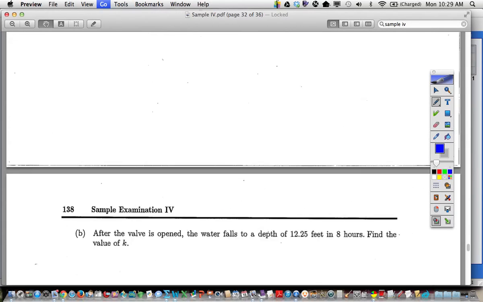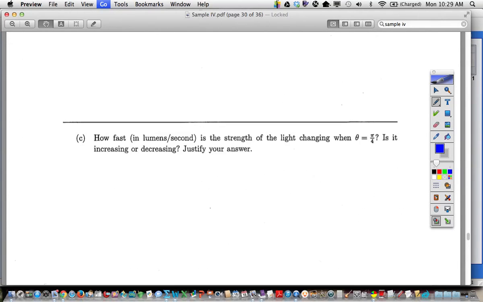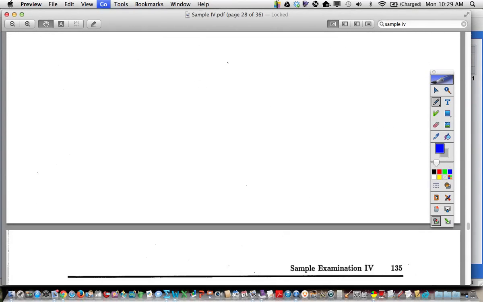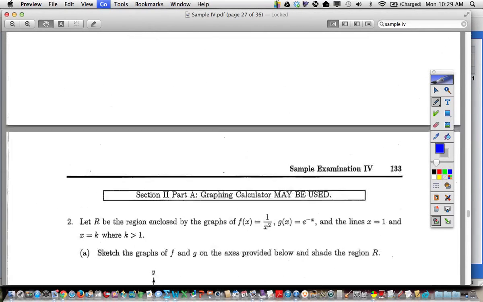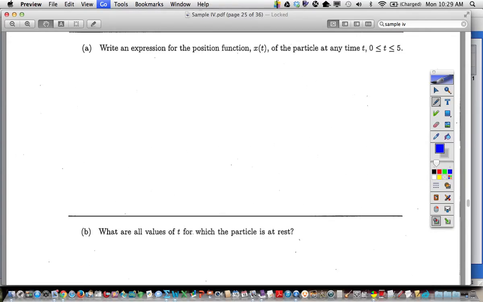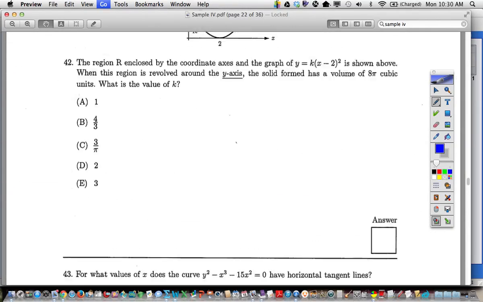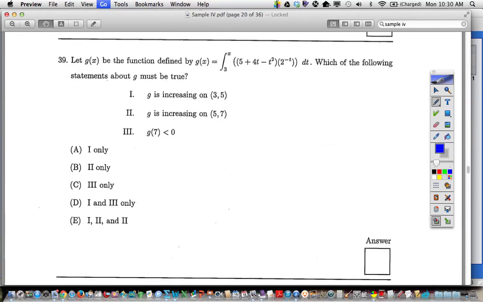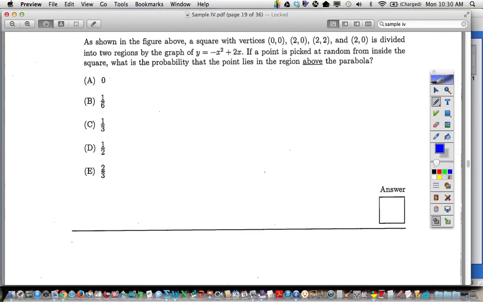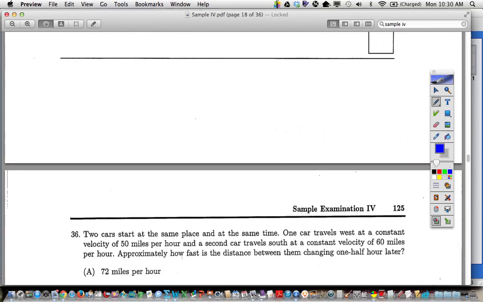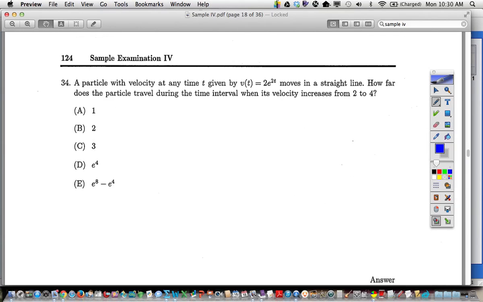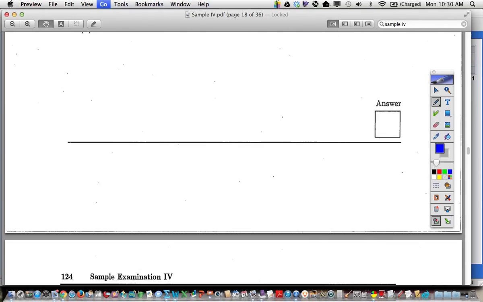All right, this is one of our practice exams that we use. It's the length of the actual AP test. We could do some of these already.